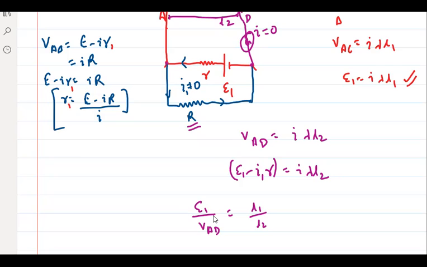Right, and according to this, what is R? Tell me, small r is equal to what?